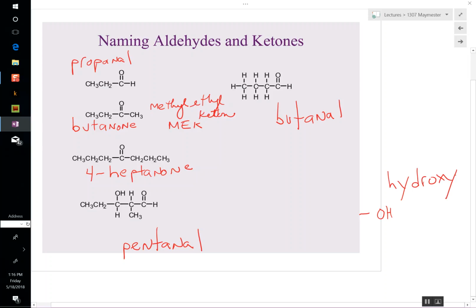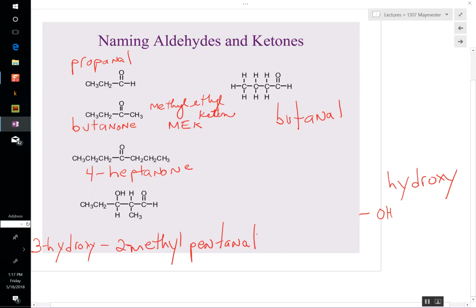The hydroxy group. So it's going to be a 3-hydroxy methyl pentanal. All right, so we're going to treat the OH group.